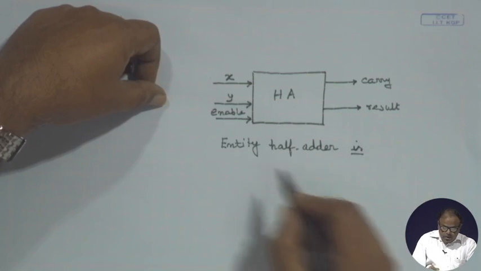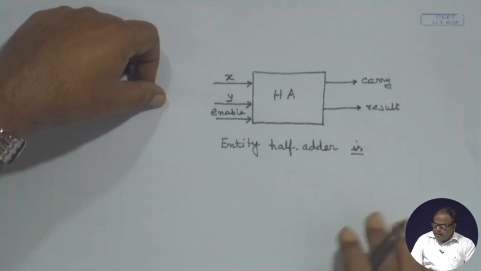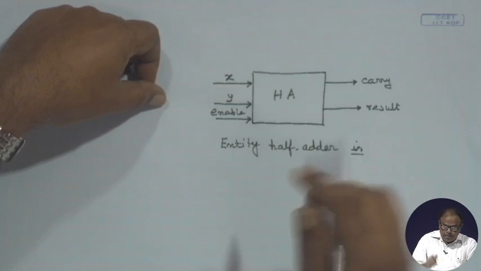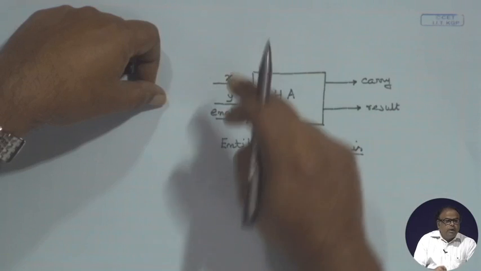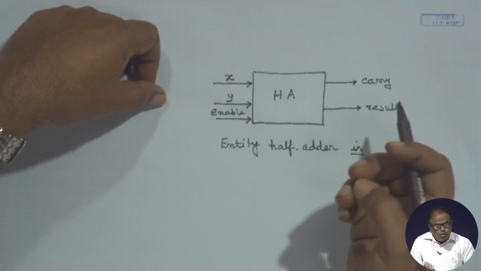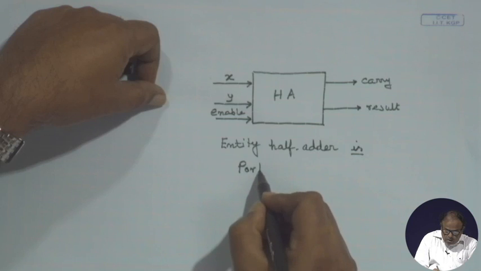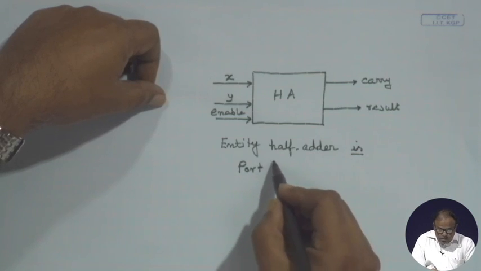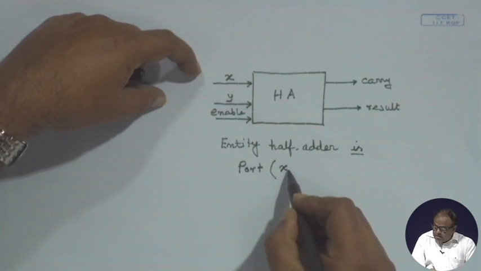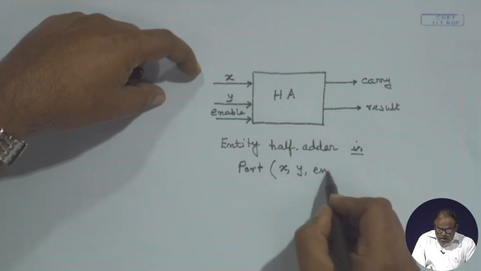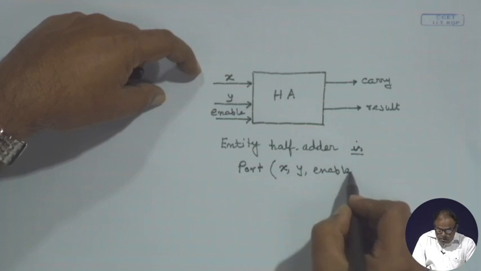Now, these are keywords, right? Entity half adder is, then inside this I will describe this half adder. How can it be described? It can be described with ports. So, I have got port. What are the ports here? X, Y and enable.